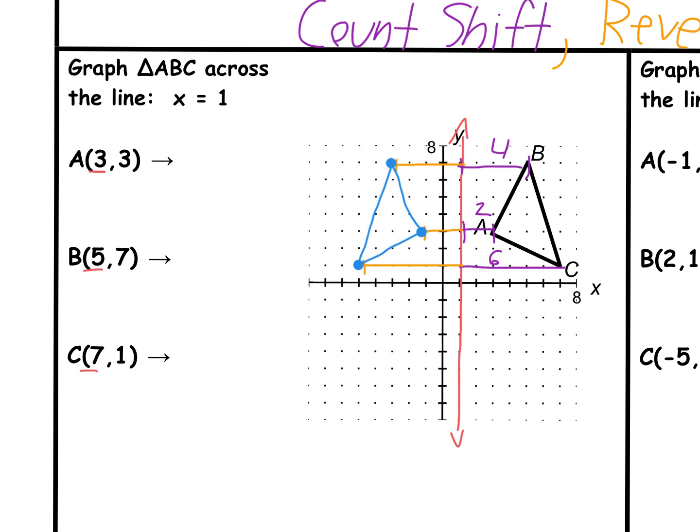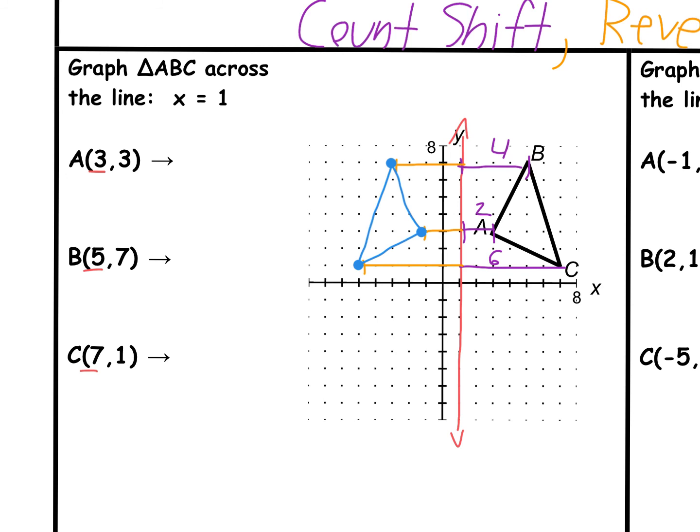At this point, we can simply look graphically to see what coordinates each of these are. Or if you prefer to do it without the graph, once you find the distances, you're essentially going to subtract each distance from our x equals 1, and that'll give us our corresponding x coordinate.